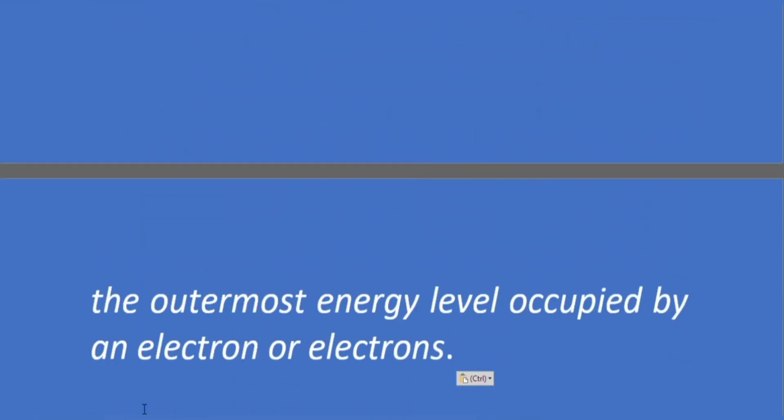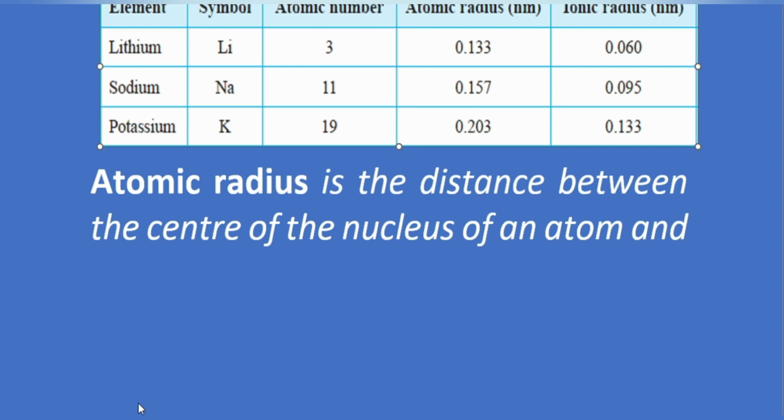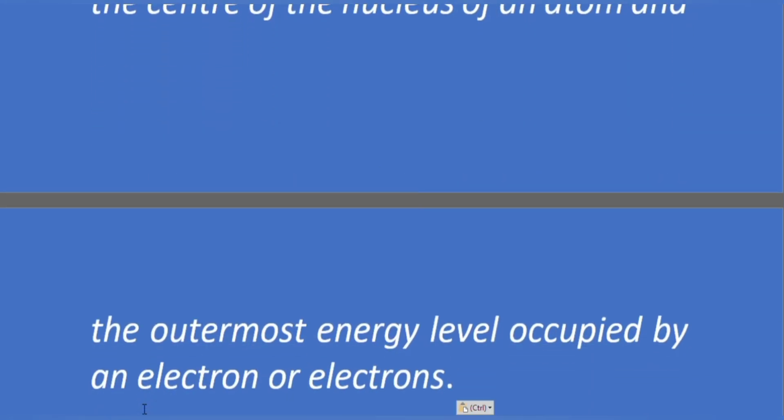Atomic radius is the distance between the center of the nucleus, remember, the nucleus is the region at the center that has the protons and neutrons, of an atom and the outermost energy level occupied by an electron or electrons.